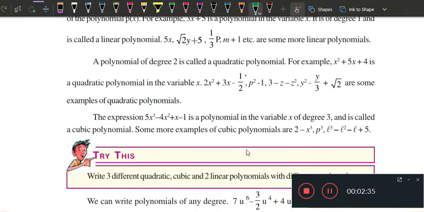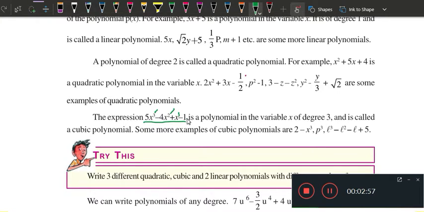Look here children, this is one polynomial: 5x cube minus 4x square plus x minus 1. In the first term, the power of x is 3. In the second term, the power of x is 2. Here the power of x is 1.